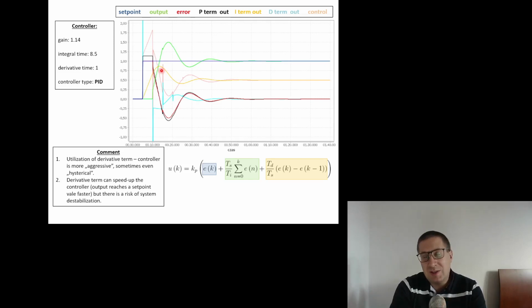It can destabilize the process. It can damage the actuator. So in case of plants that are characterized by high process dynamics, by long transport delay, high inertia, this D term is not so important, and rather we try to avoid this. It's not bad. This D term is very good, but usually for different purposes.